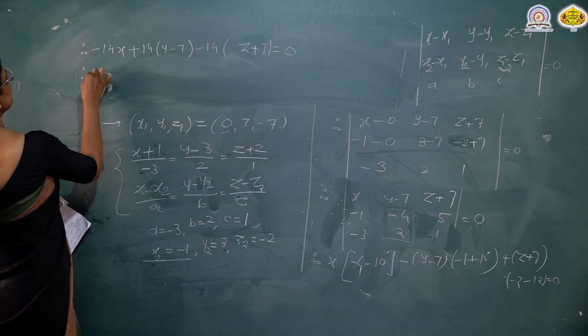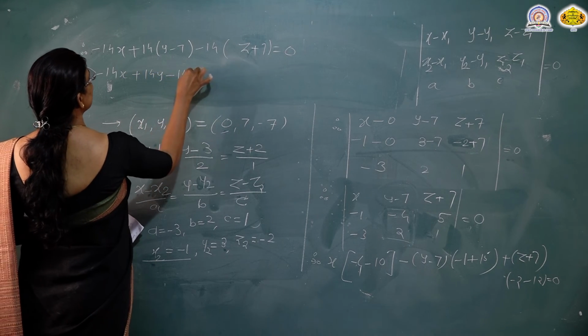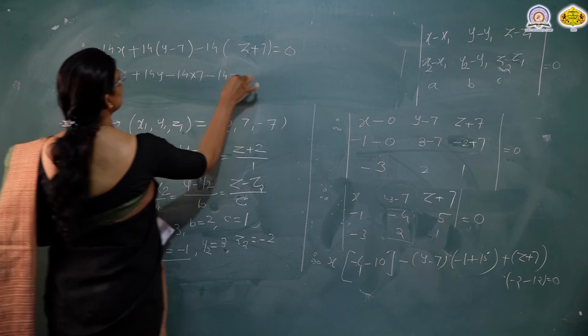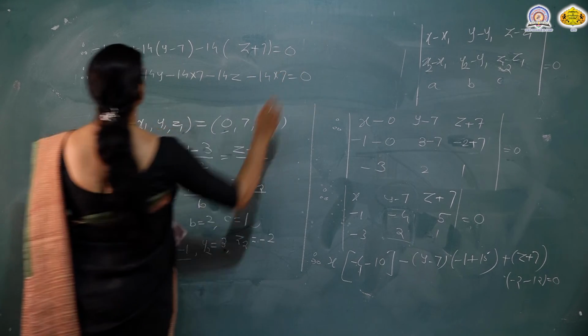So this becomes minus 14x plus 14y minus 14 into 7 minus 14z minus 14 into 7 equals 0.